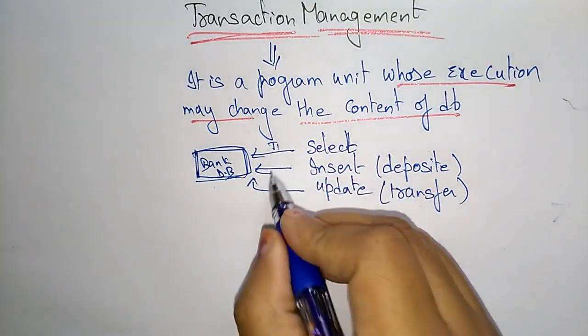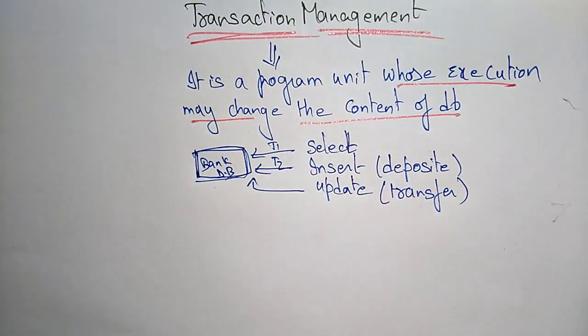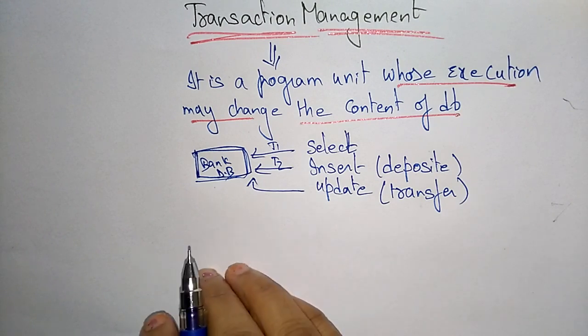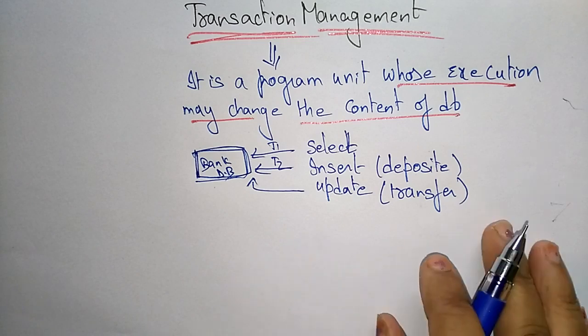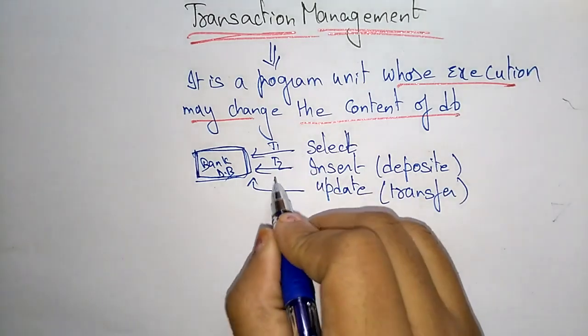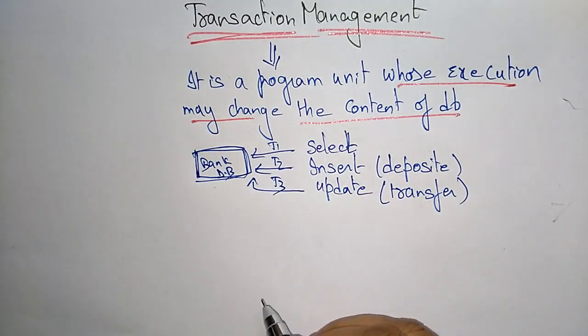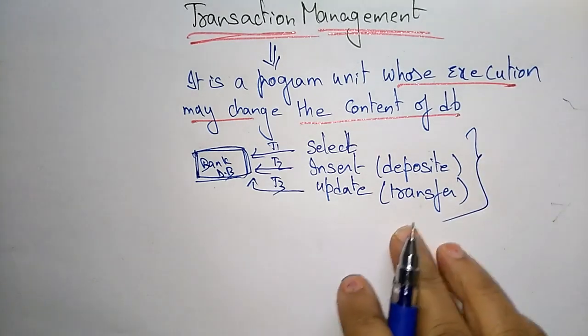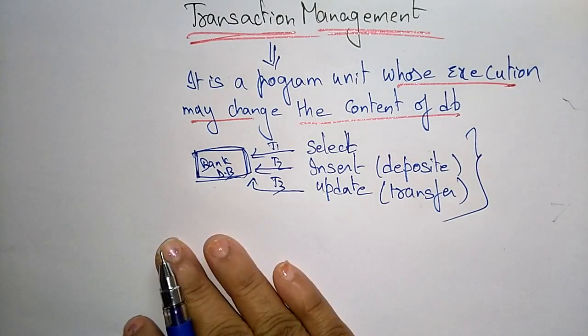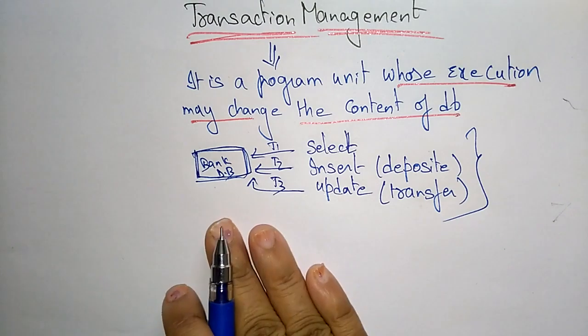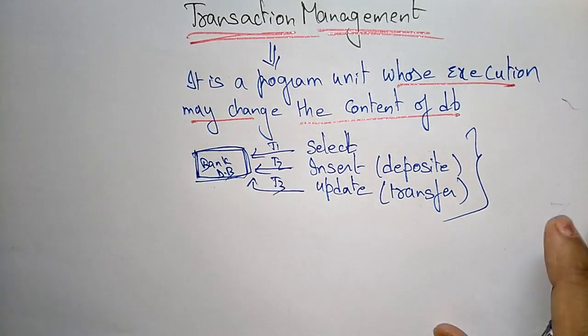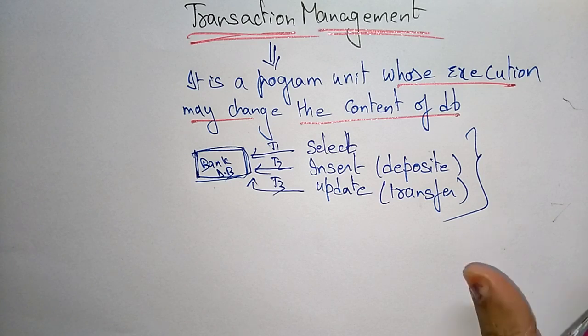So selecting is one type of transaction, inserting, depositing the amount in your account is changing the content of database, and updating by transferring the amount from one account to another account. These are all the operations that are used to change the content of database. So those you call transactions. Doing a simple operation, you call it as a transaction.